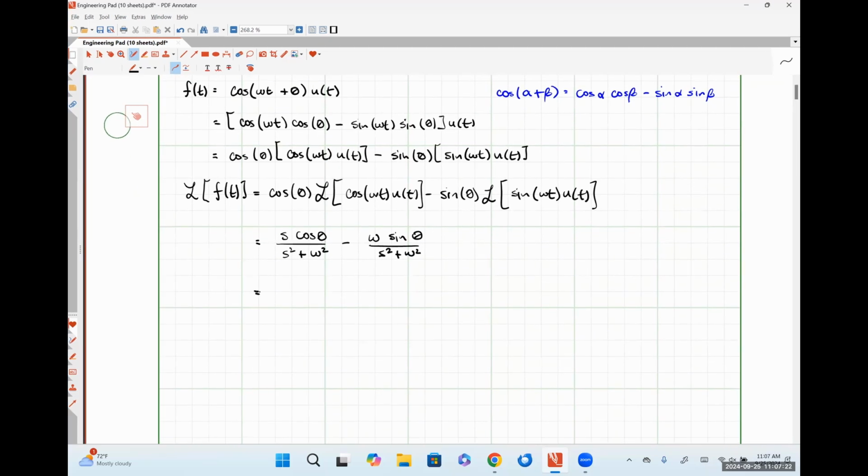And we can lump these together to give us s cosine theta minus omega sine theta all over s squared plus omega squared.